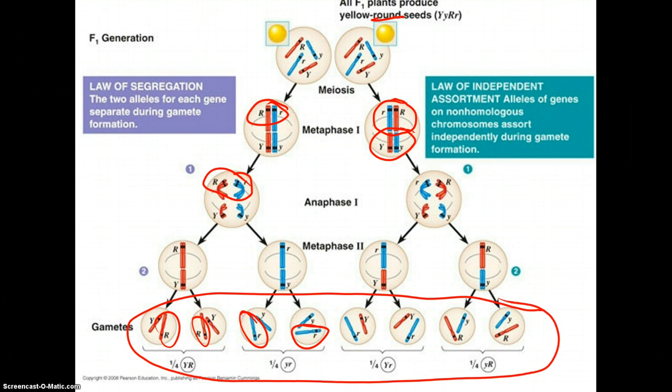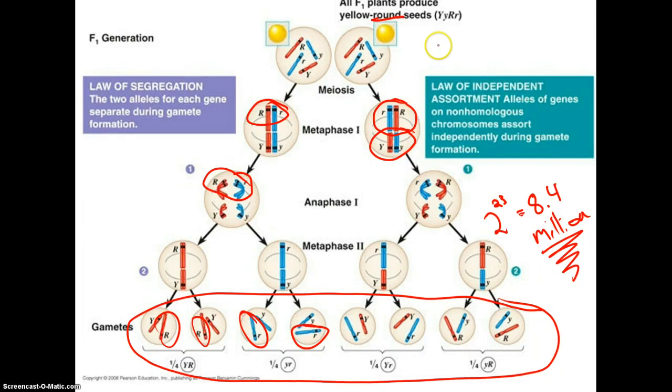One of the really cool things is if you think about humans, we have two sets of 23 chromosomes, which means for humans there are a total of 8.4 million possible combinations of chromosomes in gametes.